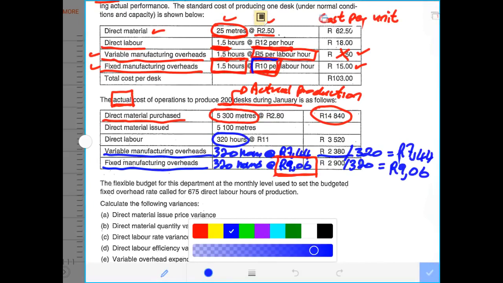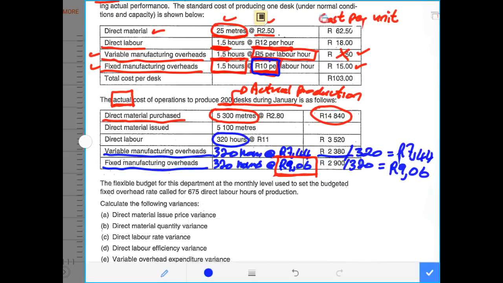Previously we had budgeted fixed overhead per labor hour as 10 rand, but now it is no longer the 10 rand that we estimated. Therefore we have in this case saved. This variance will be favorable, because the standard rate of fixed overhead is not the same as the actual rate, and in this case our actual rate is lower than the standard rate. So that will lead to a favorable variance.